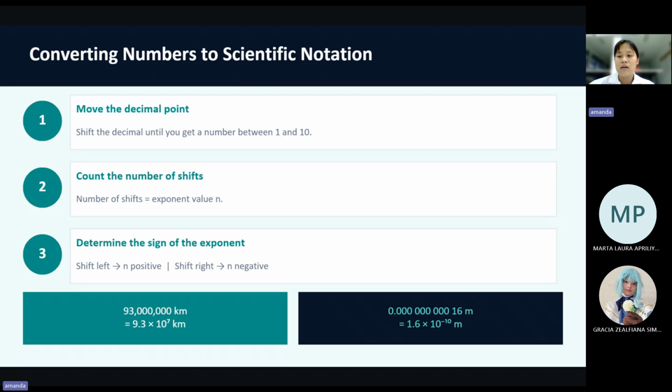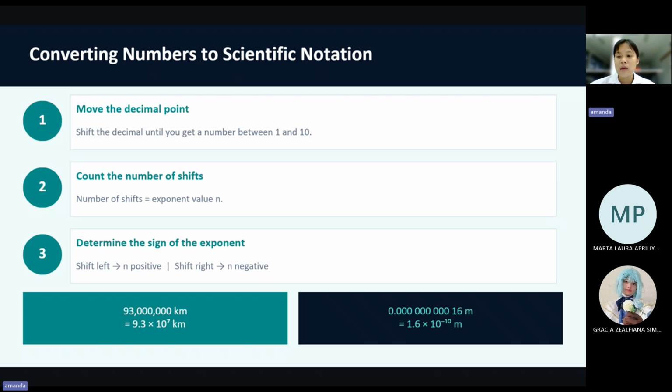Example 1. The distance from Earth to the Sun is about 149.3 million kilometers. We write that as 1.493 times 10 to the power of 8 kilometers. Example 2. The radius of a hydrogen atom is 0.000000016 meters.